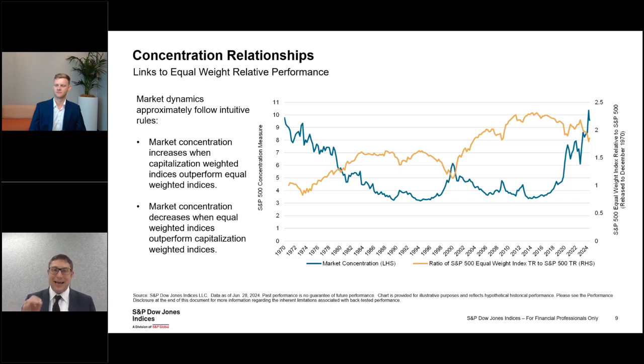The only thing I'd add is just to emphasize, concentration isn't the only factor driving equal weight relative performance up and down. And this is visually illustrated by the fact that if you look over that full period, 1970 to today, concentration is exactly back where it was.